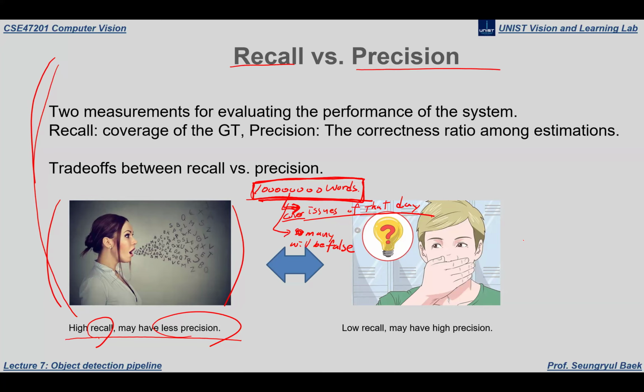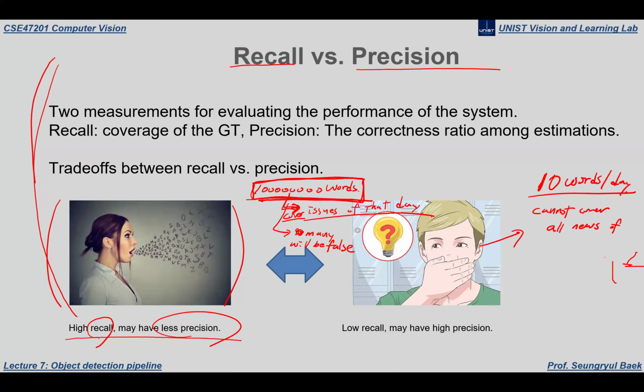But if someone tells just, let's say, 10 words per day, his words cannot cover all the news of that day, okay?